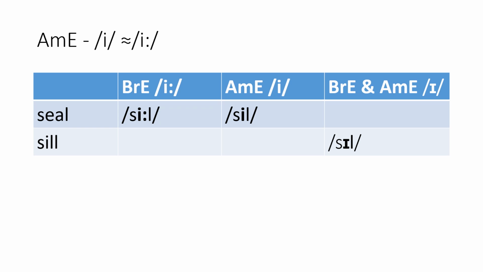So, instead of the long E sound, American English uses the short version, which is the second short E sound, transcribed simply as the small letter I. So, speakers of British English would pronounce "seel" as "seal", using the long E sound, while speakers of American English would pronounce the same word as "seal", using the second short E sound.